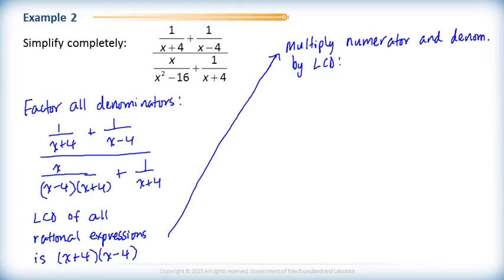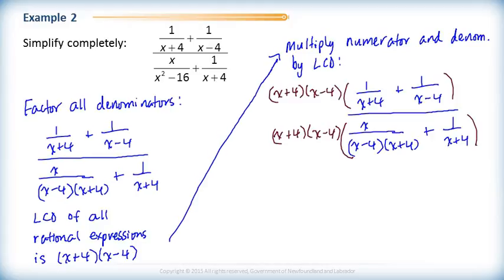So next we multiply the numerator and denominator of the complex fraction by the LCD, like so. So now we distribute this LCD to both terms in the brackets. So x plus 4, x minus 4 times 1 over x plus 4. The x plus 4s would divide, and we would be left simply with x minus 4.